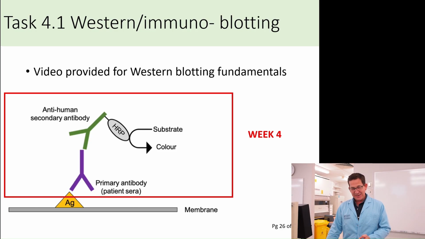We can detect now the presence of the secondary antibody, which in turn is detecting the first antibody, which in turn is detecting the antigen that we put onto the membranes, through the use of the enzyme, the HRP. And we'll add a substrate to the membrane, as you'll see in the video, which allows for a color development. It will turn a purple to black color on the membrane, and we should be able to see with the naked eye again the presence or absence of any particular banding patterns that might exist.